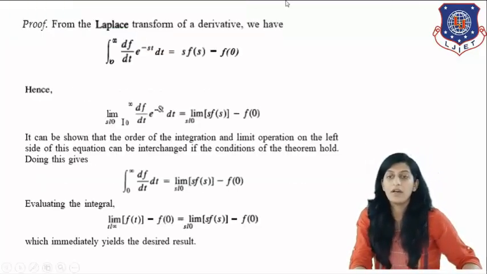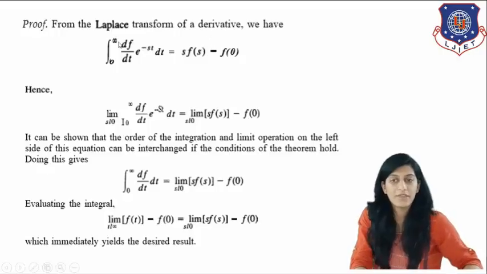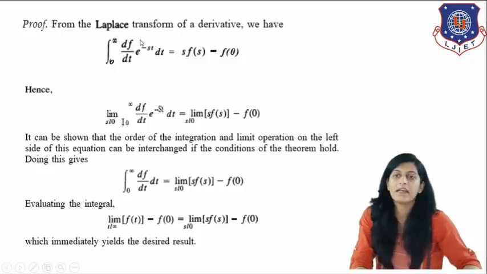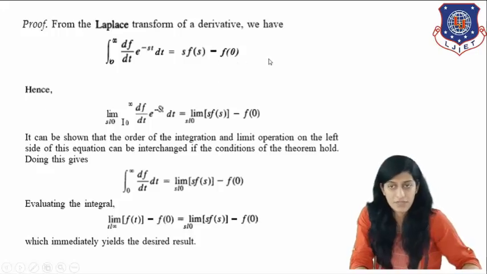From here, the Laplace transform of a derivative, this is the formula we know. The Laplace transform can be written as integration 0 to infinity df by dt e raised to minus st into dt, which is equals to s F of s minus f of 0.